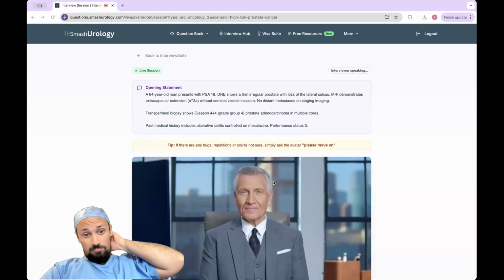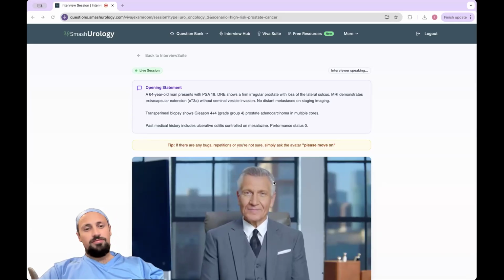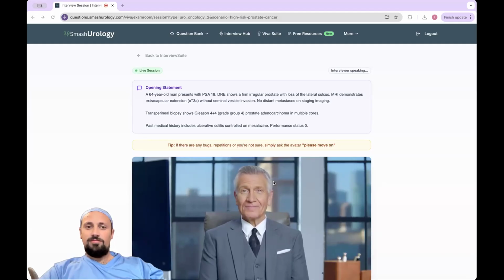Yeah. Are you certain that pelvic lymph node dissection is no longer needed in high-risk disease? It's an area that's being investigated at present. How is nerve sparing approached in CT3A disease? I'm not sure. What are the key operative steps of robot-assisted radical prostatectomy, and where are the main technical risks in this case?